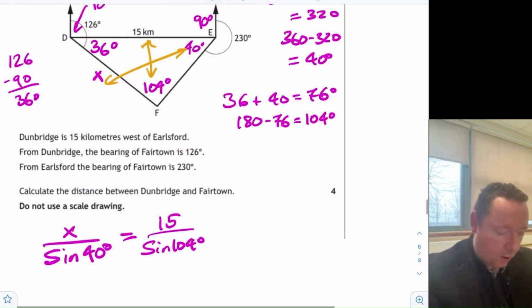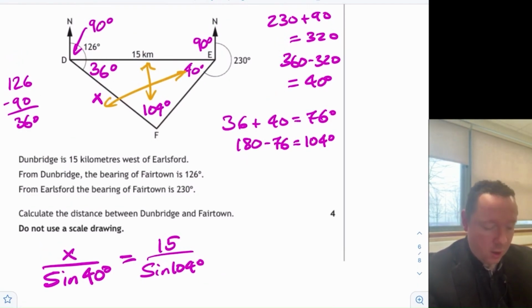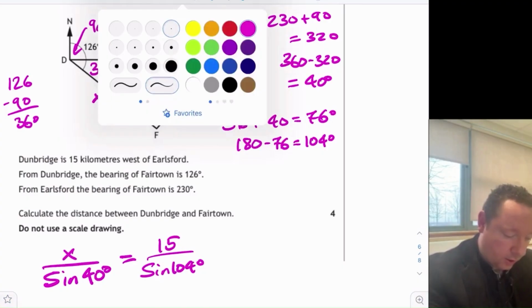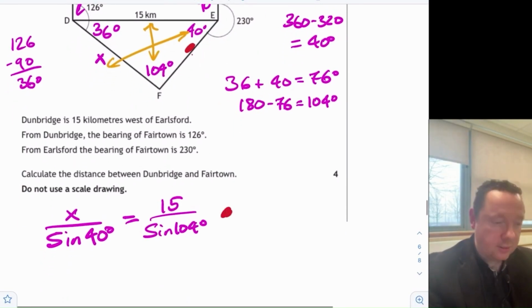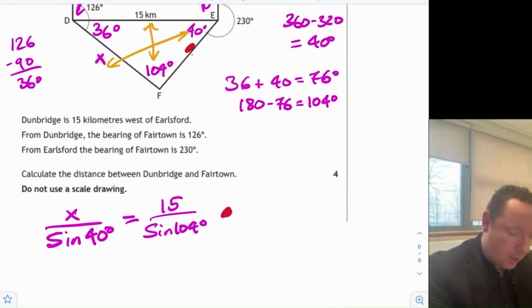So marks so far. You're getting a mark for 40 and 104 degrees, if you've managed to calculate your angles inside your triangle. Then you've got a mark for writing down the correct sine rule. Now we need to rearrange it.